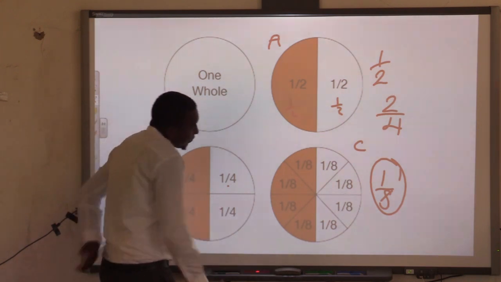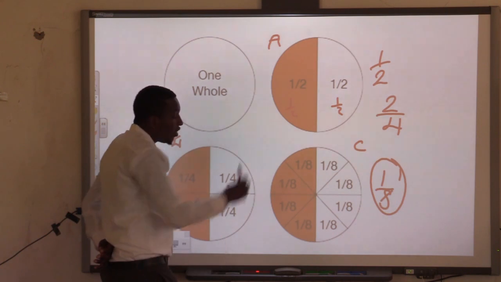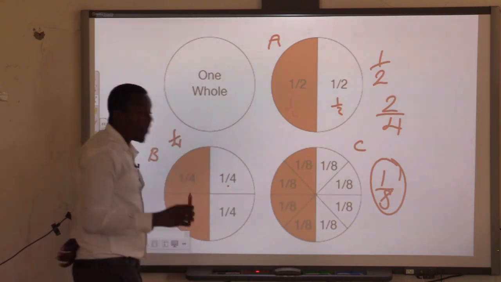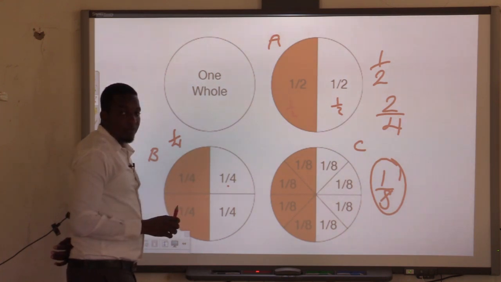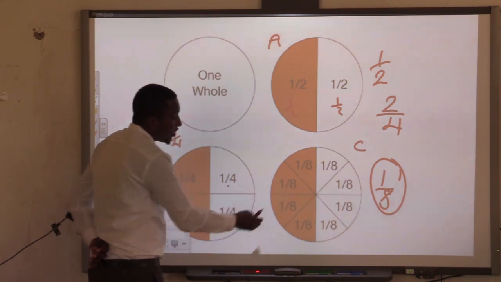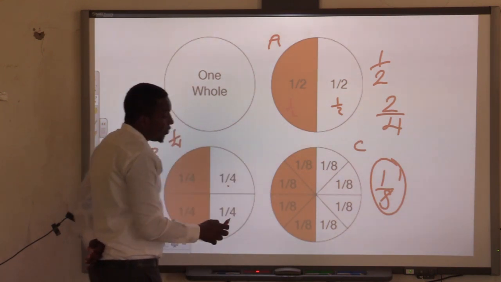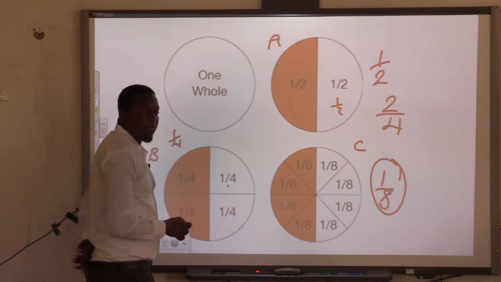You realize that we have 1, 2, 3, 4. That is 4 proportions of 1/8 are colored orange in that circle. So if we were to determine the shaded region, that is the colored region in circle C, we will count 1/8. How many 1/8 are there that are colored orange?